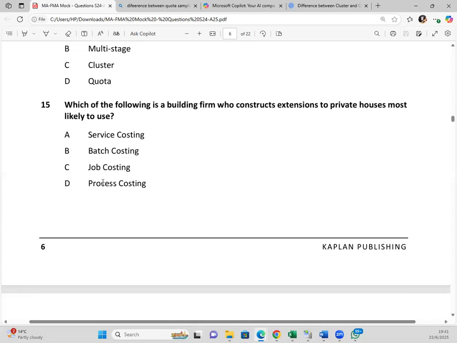So if a firm is constructing extensions to private houses, which one is it likely to use? The firm is into construction and they are constructing extensions to houses. Which costing method are they likely to use here?